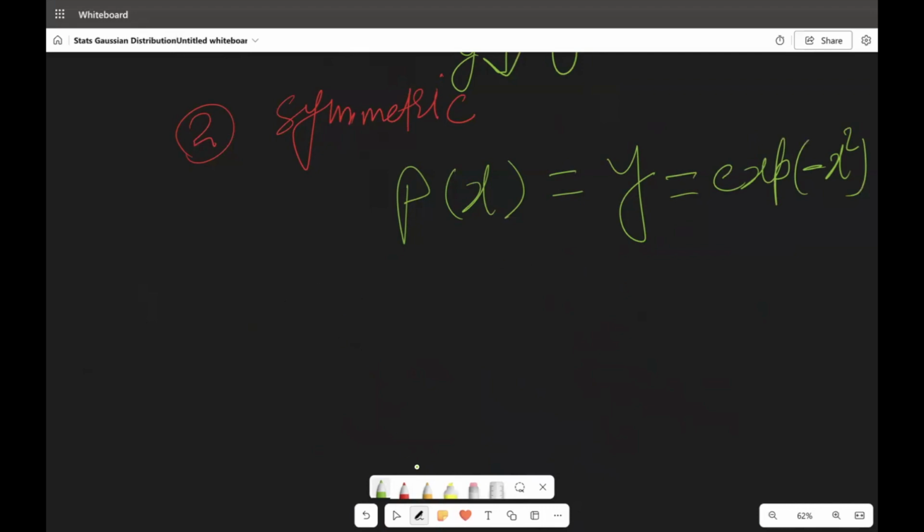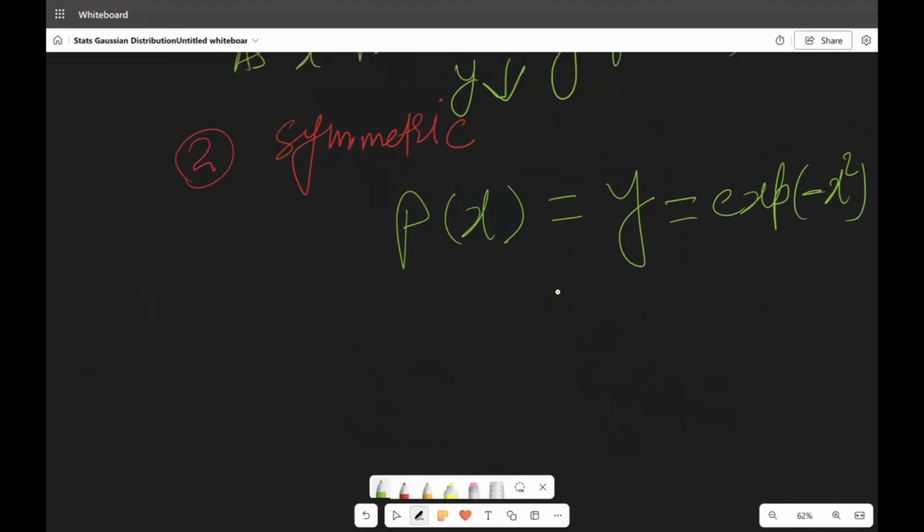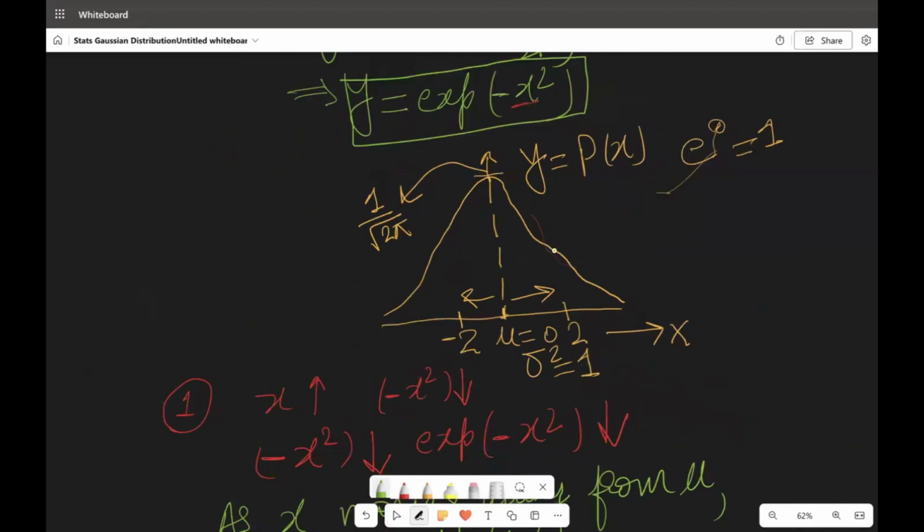Now, the third conclusion. If you look at this curve, we know that as we move away, my y is reducing. But how fast does y reduce? This is my third thing. Remember, y is not just reducing. Let's say y was exponential of minus x square. What does it mean?